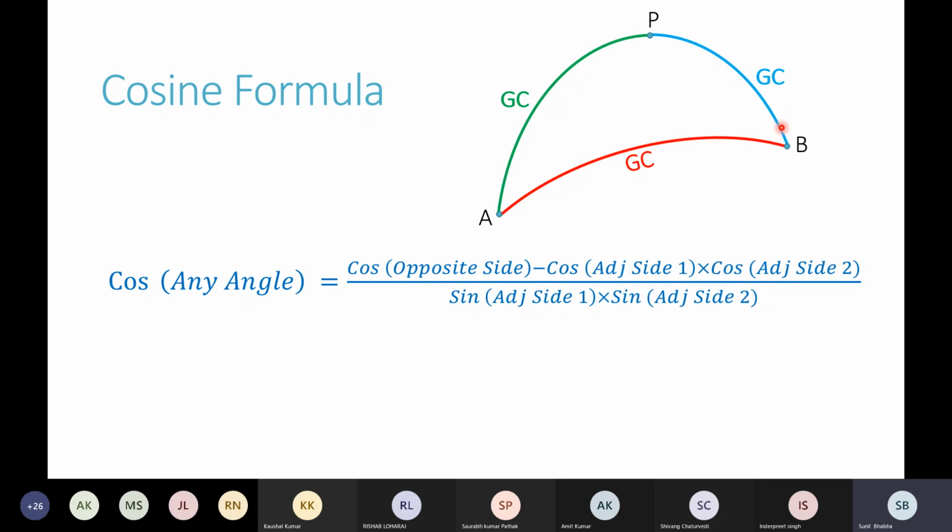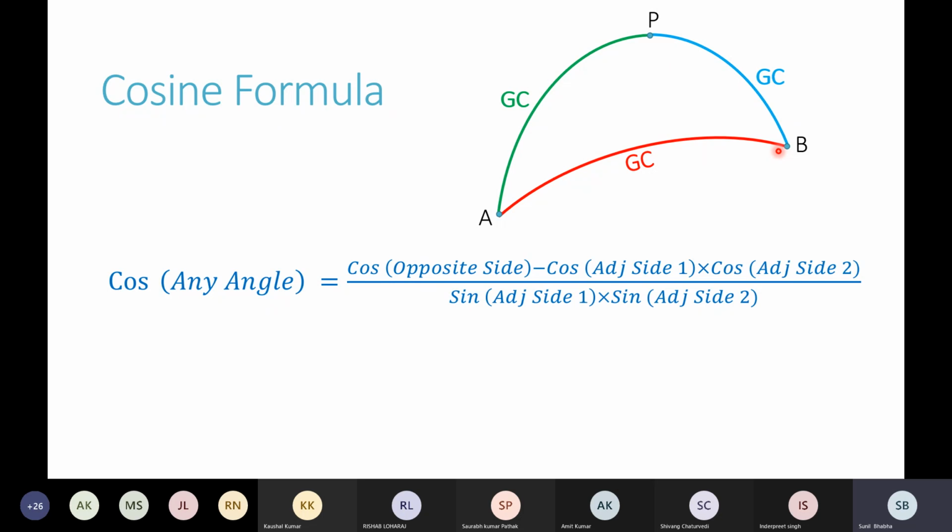Now these two sides which make this particular angle are known as adjacent sides. The third side, which is not in any way involved in making this angle, in our case, this is side AB, Alpha Bravo, is known as the opposite side. So this is how we explain the adjacent sides and the opposite sides.